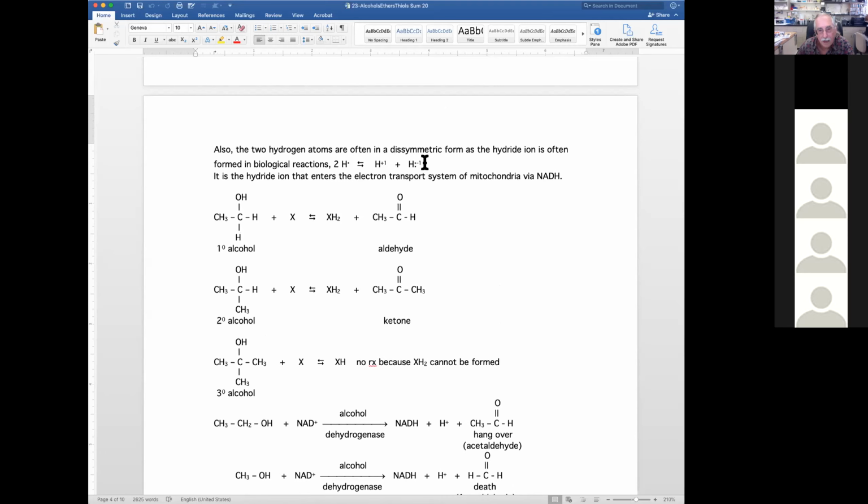And it's actually the hydride ion that NAD takes. Okay. That makes sense? So the 2 electrons are there and it has a -1 charge. So when you add that to this, then you get this. And this is just left out into the solution. Okay.